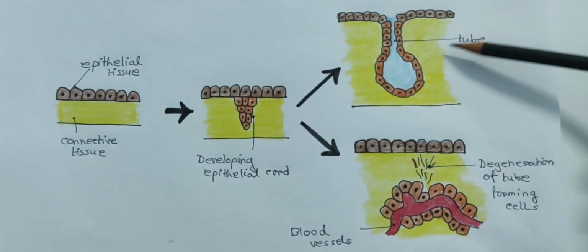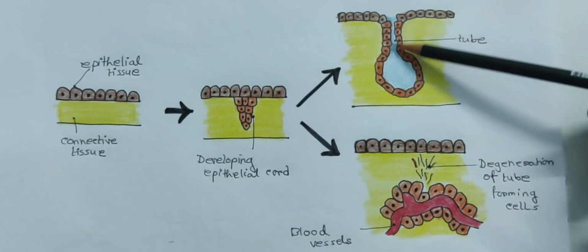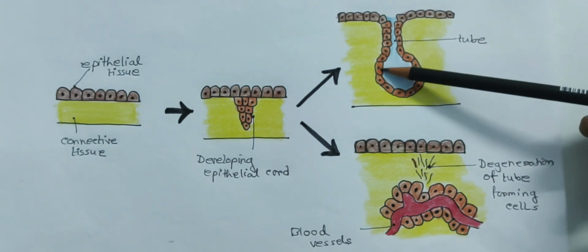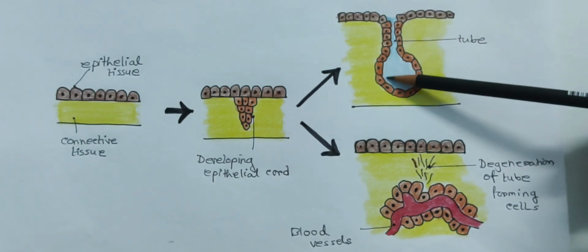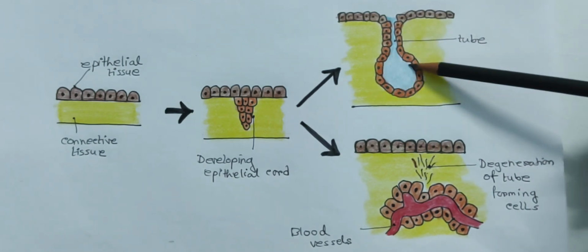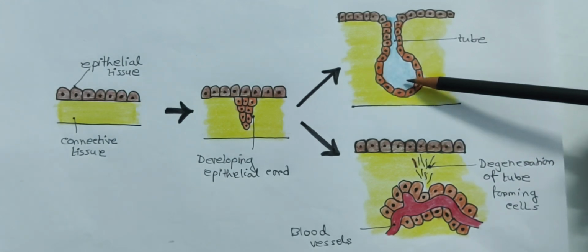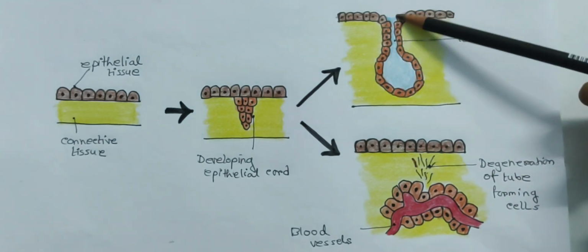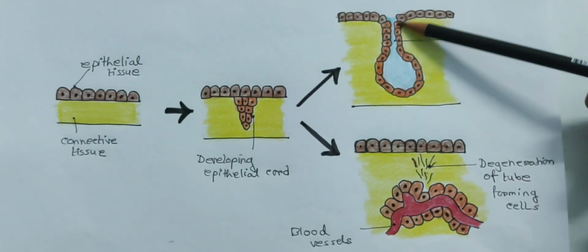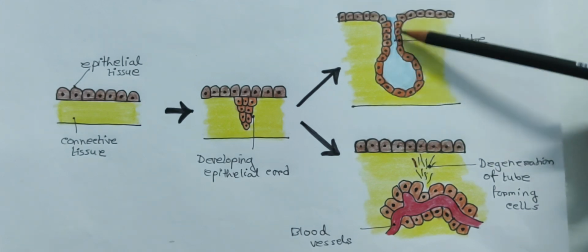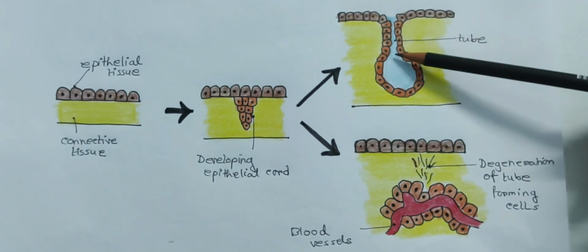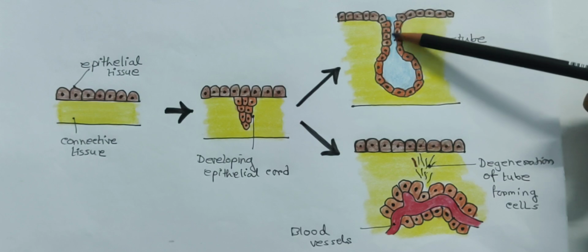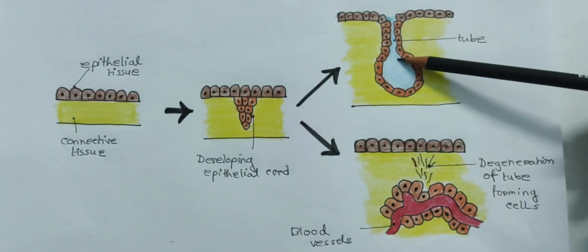Some cells specialize to form a tube, and beneath that tube some portions swell to form the alveolar structure. This becomes the exocrine gland, because it has a passage for its secretion to go outside. These form the duct, so these are exocrine glands.